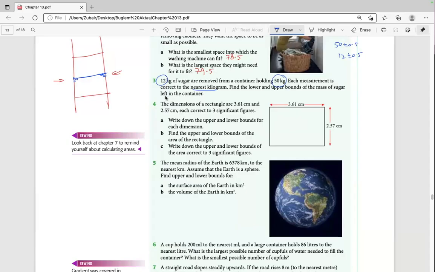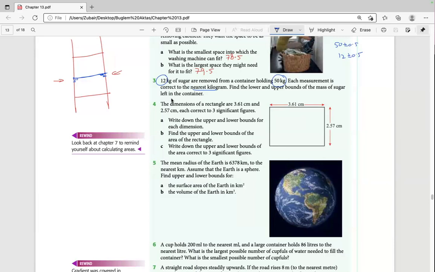We have to do it before because you cannot say that the mass of the container was 50. It would be either 50.5 or 49.5. And if you are subtracting first and then adjusting the limits, you will have to deal with both the limits. In this case, both are 0.5, 0.5. So we'll either add 1 or subtract 1.